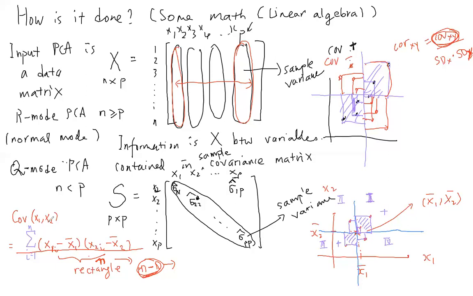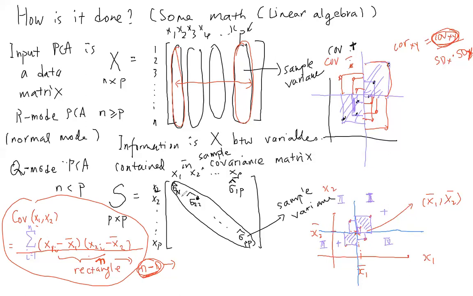So it's calculated like this. It's basically just geometry. The rectangles, you take the sum of the areas of the rectangles, then you average them. Then you get this covariance matrix.